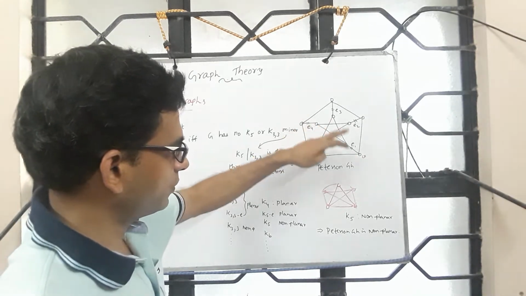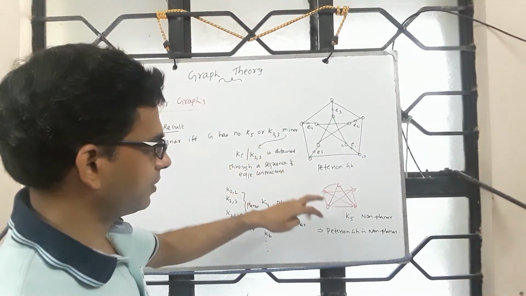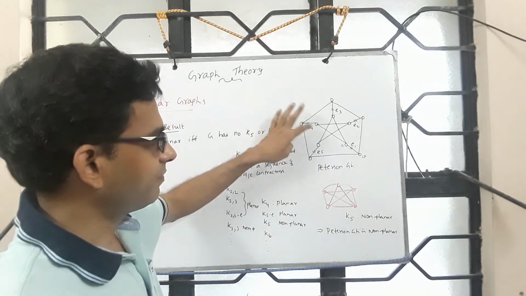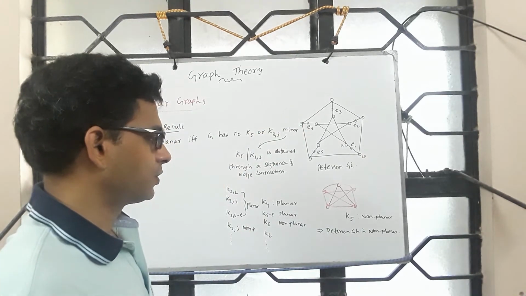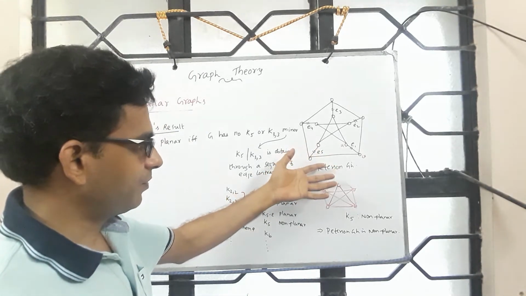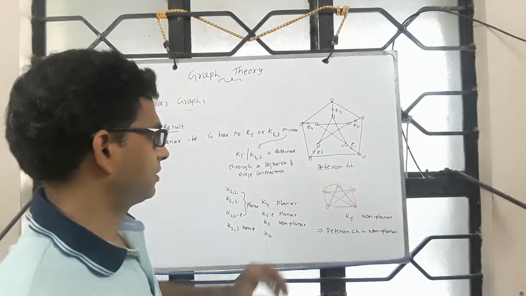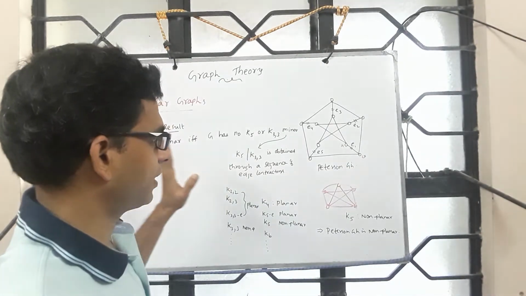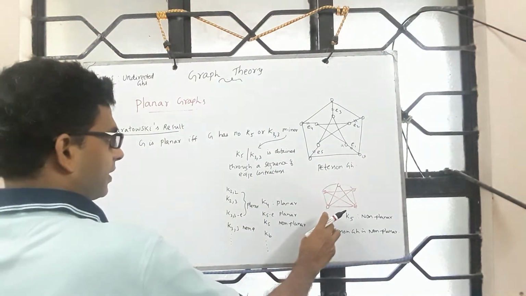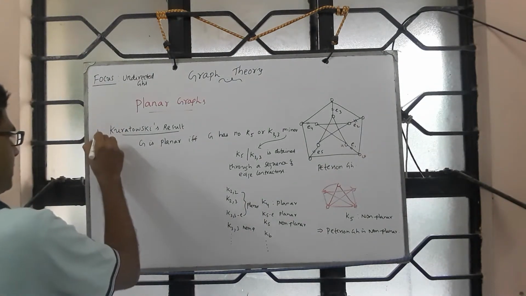For example, there is no K5 here, but through a sequence of edge contractions you arrive at K5 or K33, then you can conclude that the parent graph is non-planar. So although there is no K5 or K33 explicitly as an induced subgraph, one can obtain K5 through a sequence of edge contractions. So this result says it is non-planar due to the presence of K5 over here through edge contractions.